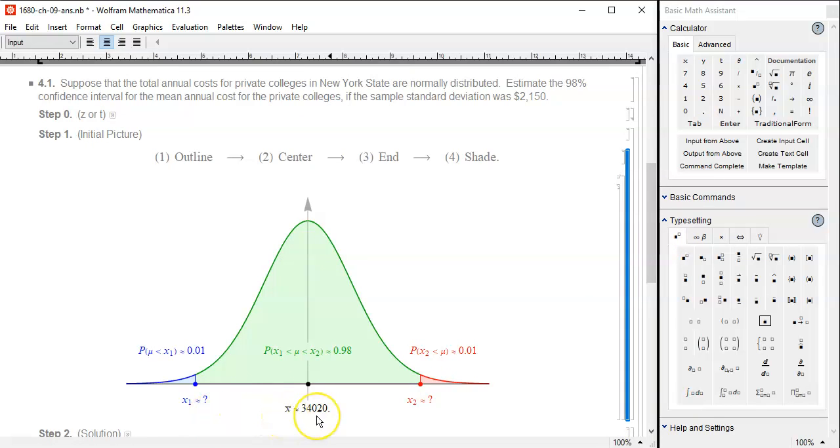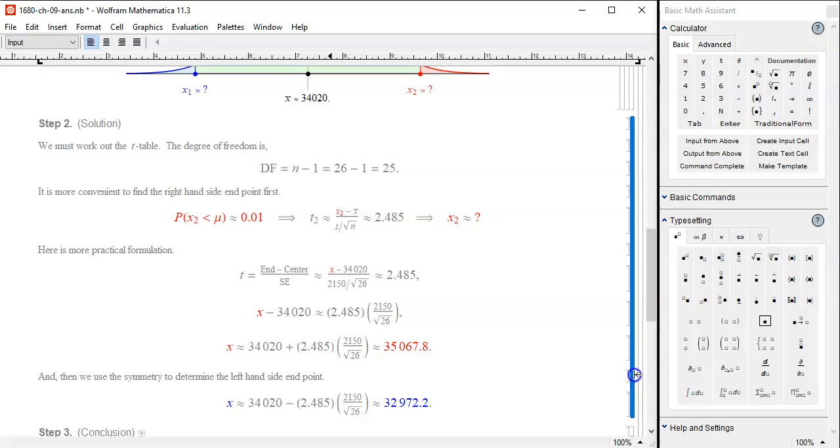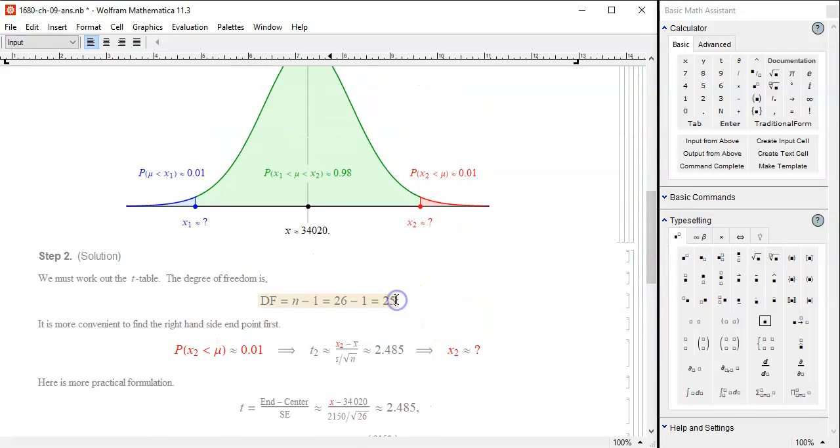This is going to be a t-table problem, so let's find the right-hand side endpoint here. But before that, I have to find the degree of freedom. There are 26 students, so 26 minus 1. So the degree of freedom is 25.